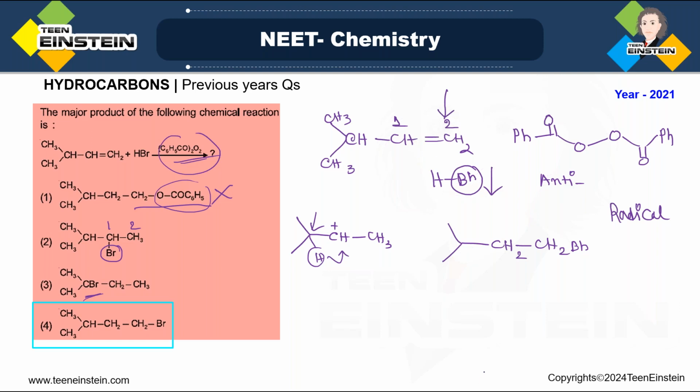Then the main difference is when you do not use peroxide, first H is added to the alkene, you get some carbocation, and then Br minus is attached to the carbocation.